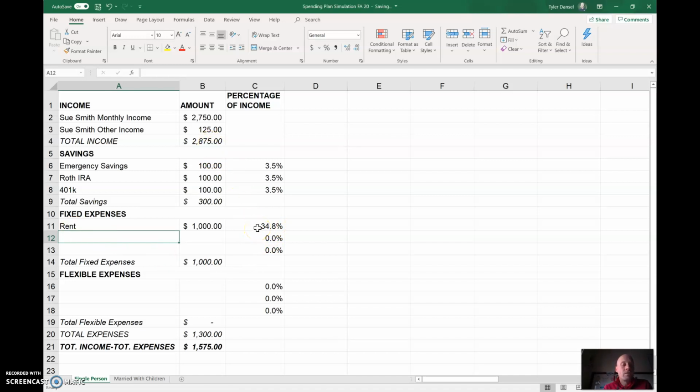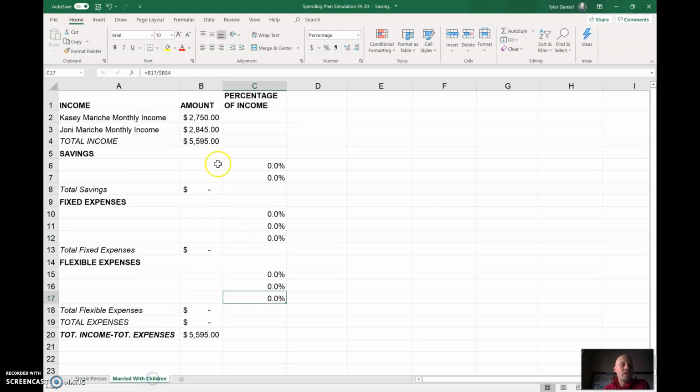That's higher than the recommended percentage. So you need to adjust that. Maybe we try to find an apartment or house that's only $500, and she's well below that 30%. So you have to decide how she spends her money.